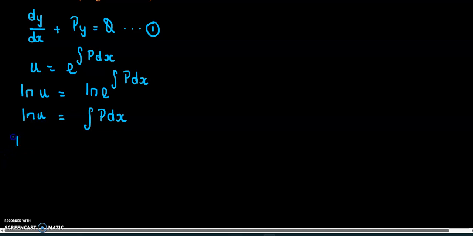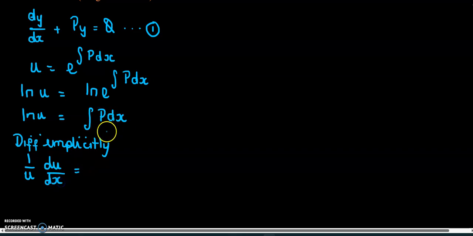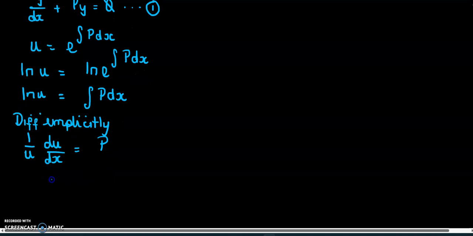And let's differentiate implicitly. So you're going to get 1 over u du/dx, and the derivative of the integral is just the function itself, so it's equal to p. So du/dx is going to be equal to pu.